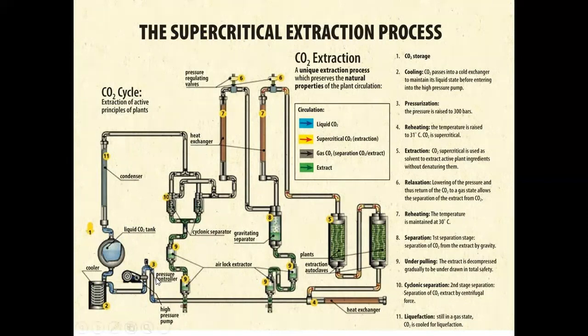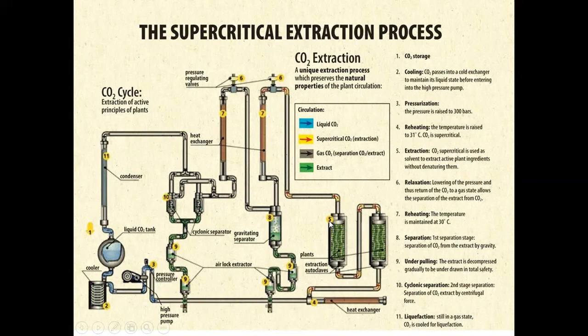Third, the high pressure pump. Then the fourth, reheating. The temperature is raised up to 31 degrees Celsius. So CO2 is supercritical. Once it becomes a fluid in nature, this fluid is passed through the extracting vessel.